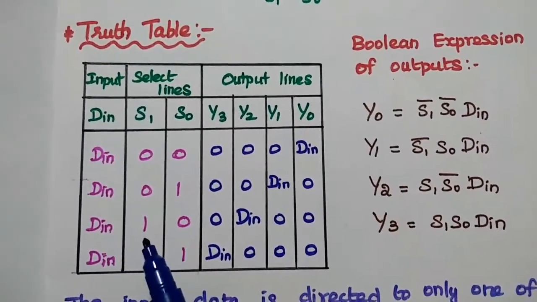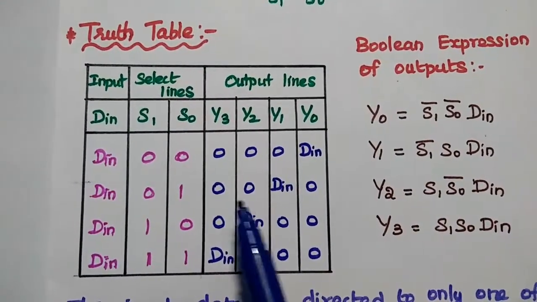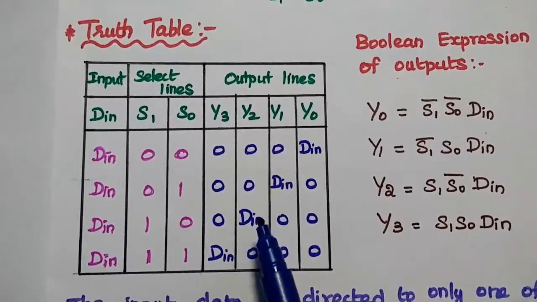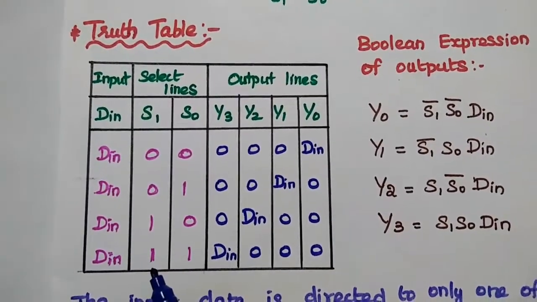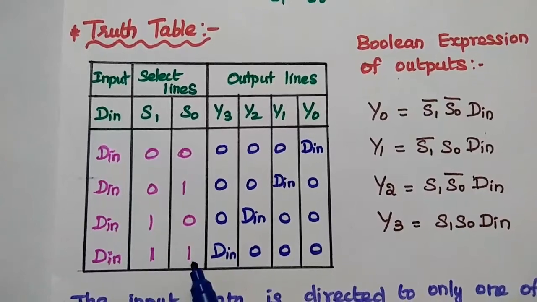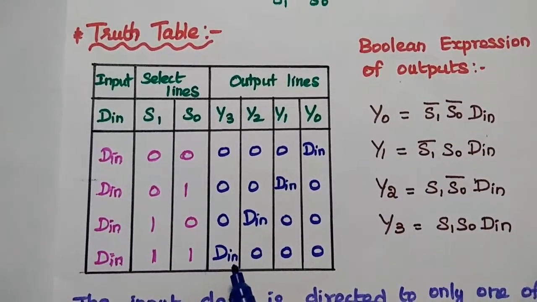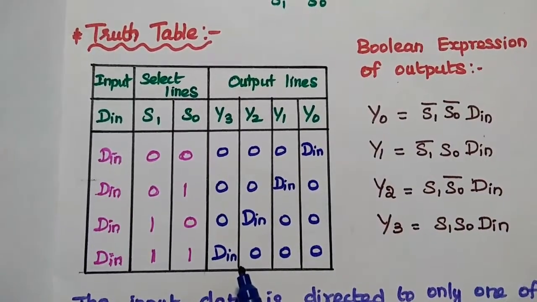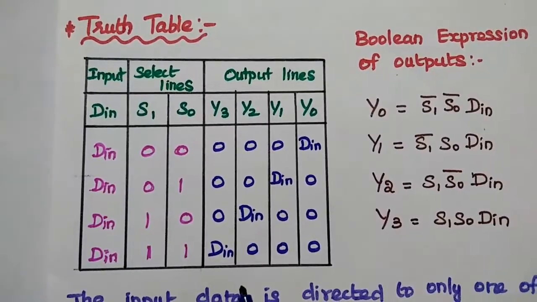For the combination 1, 0, the DEMUX will select the third output line, that is Y2. Likewise, for the combination 1, 1, the DEMUX will select the Y3 output line to transmit the data. So this is the truth table for this demultiplexer.